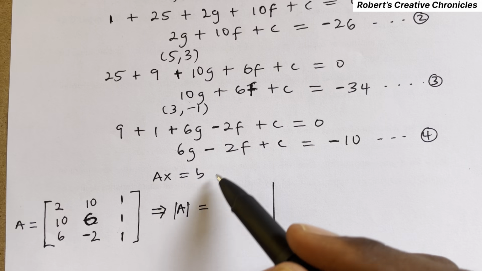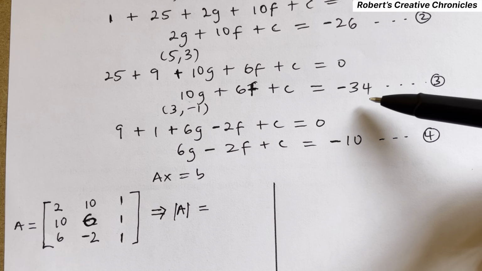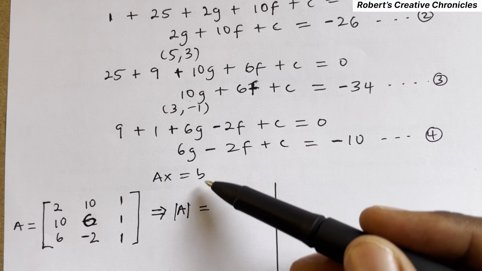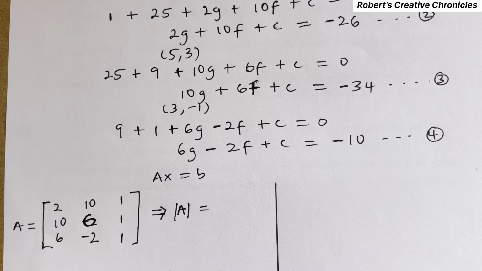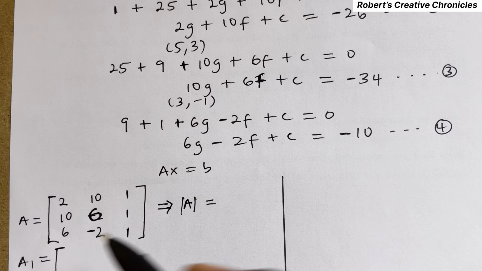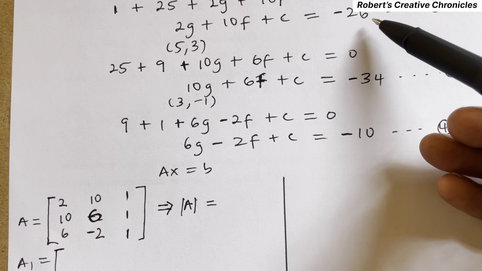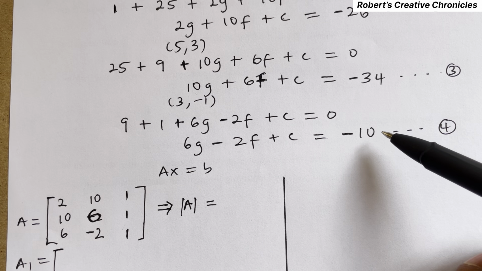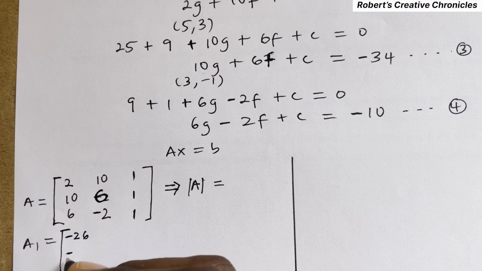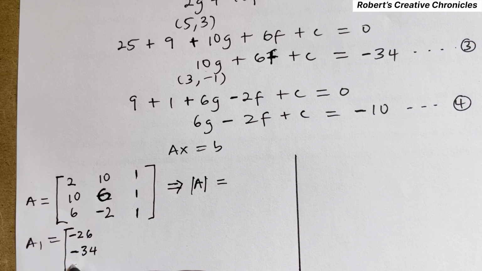This is the variable matrix, and this is the column matrix, which in this case is negative 26, negative 34, and negative 10. So it is this column matrix B that will replace each column. Now, for example, A1 will replace the first column by the column matrix, which is negative 26, negative 34, and negative 10.